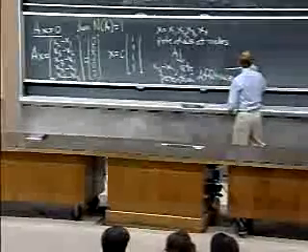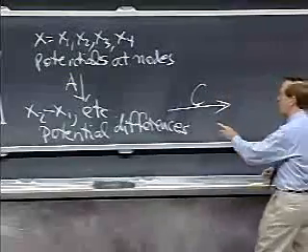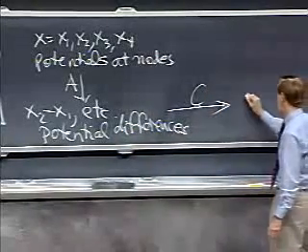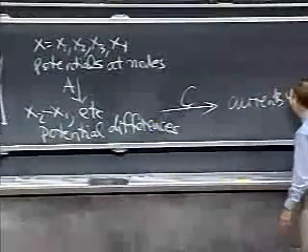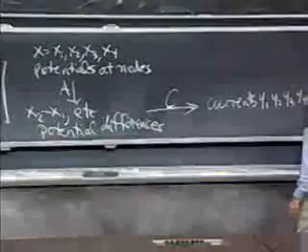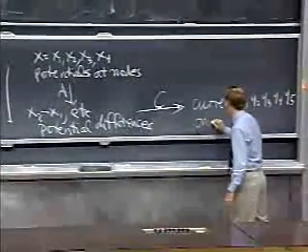There's a matrix that I'll call C that connects potential differences to currents. These are currents on the edges: Y1, Y2, Y3, Y4, and Y5.